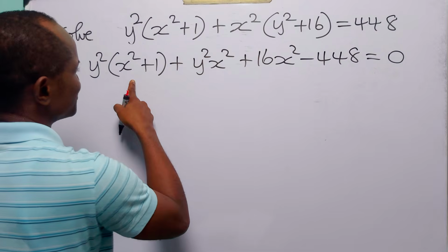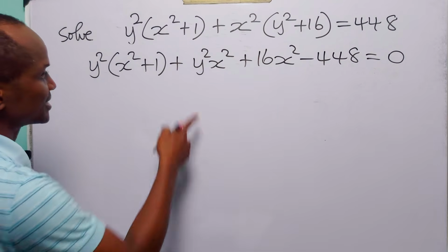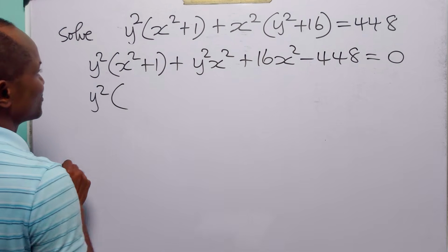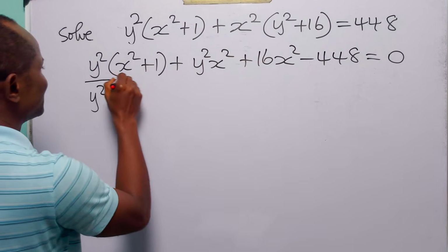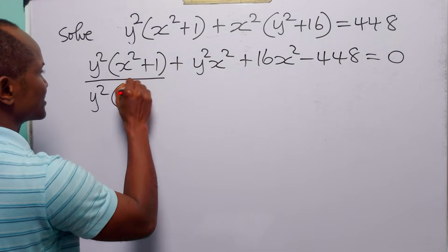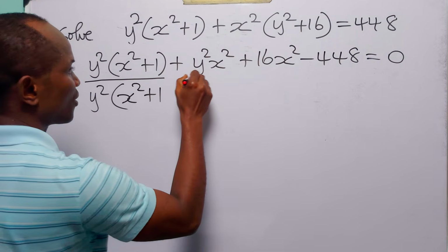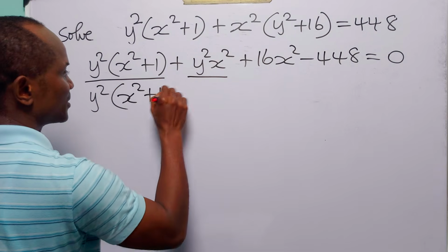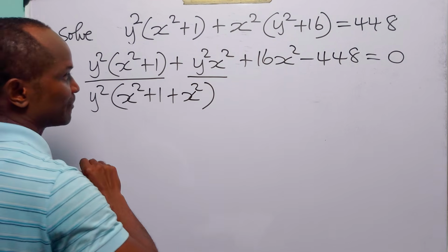Now, when you look at these two terms, you'll see a common factor, which is y squared. So we can write this as y squared into, when we divide this term by y squared, we are left with x squared plus 1. When we divide this term by y squared, we are left with x squared.